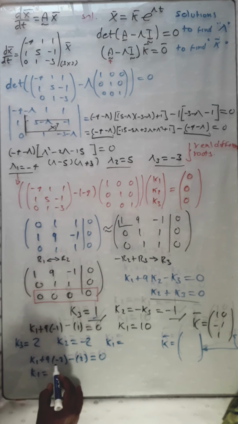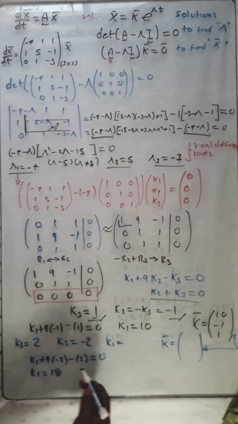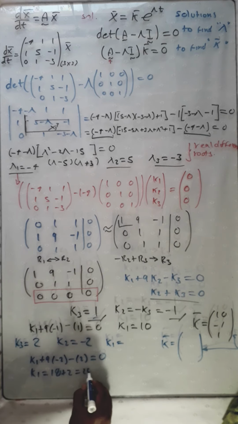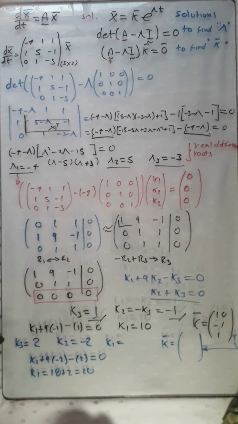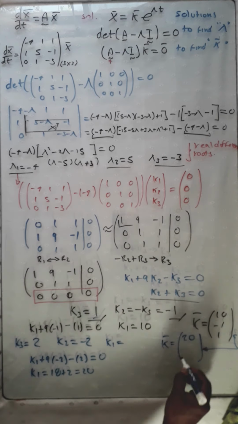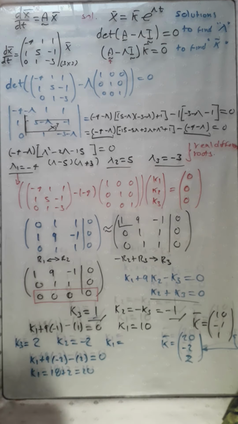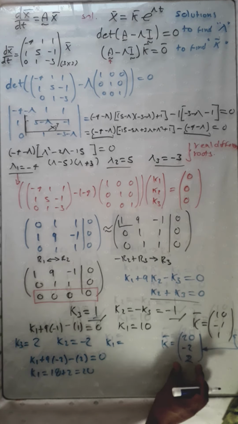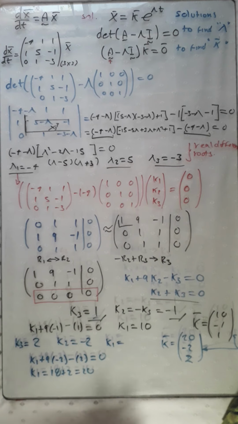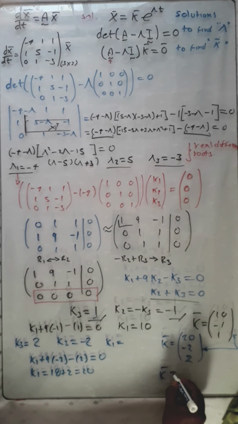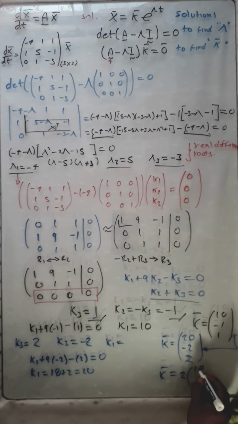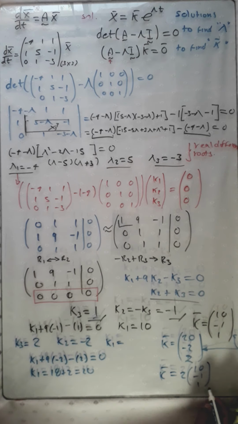Minus 18, then plus 18, and then minus 2 to the other side, plus 2, so it's just 20. So what is the result? 20, minus 2, and then 2 here. But what is the relationship between this and this? Well, it's just twice.